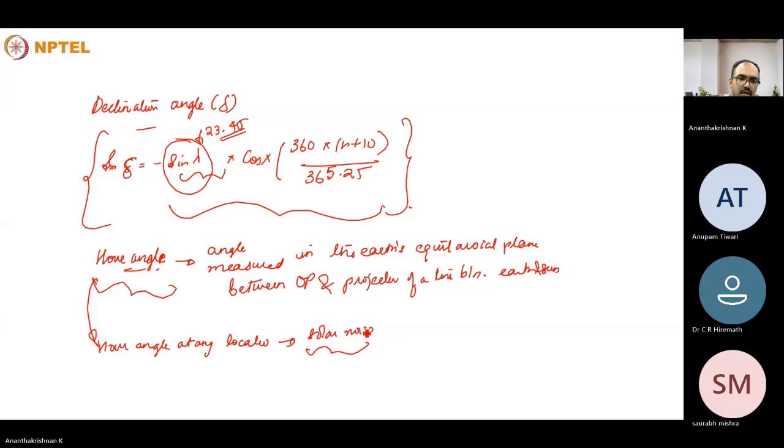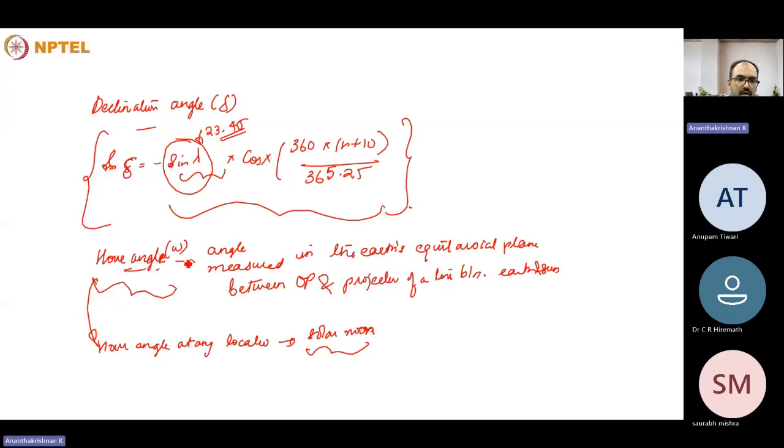In certain locations it can coincide. That will be pure coincidence, but in other locations it may not. So that is the third angle, our angle omega.